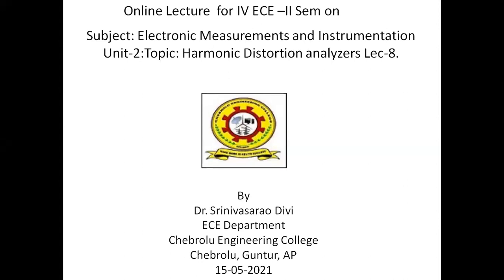We use two types of analyzers. One is the frequency selective wave analyzer, and the second is the heterodyne wave analyzer. The frequency selective wave analyzer is used to measure the audio frequency range, whereas heterodyne wave analyzers are used to measure in the radio frequency range and megahertz range.